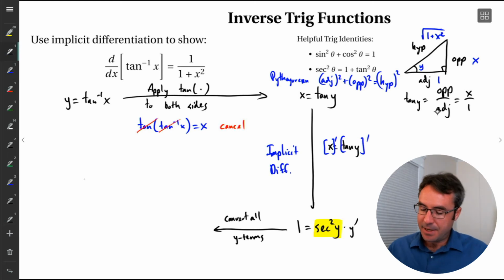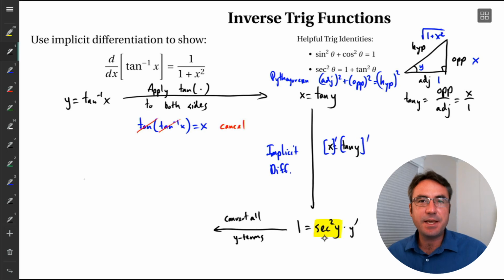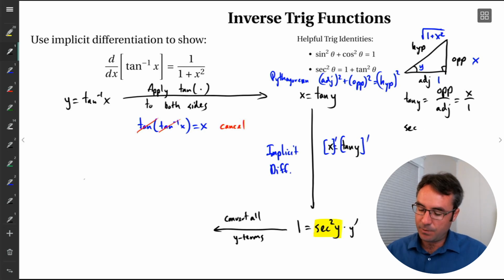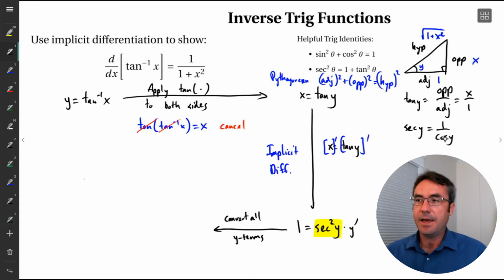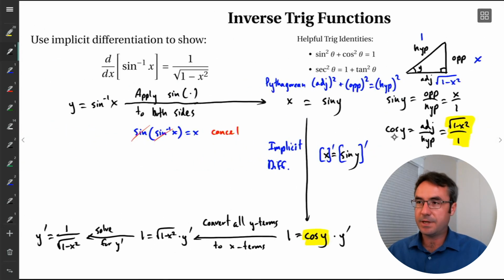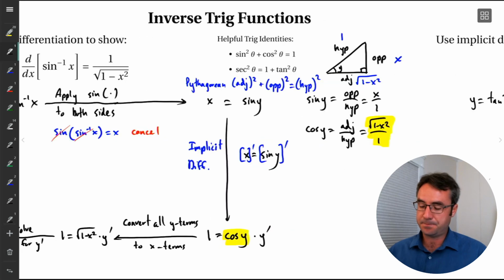Once we have that, then we're interested in knowing what secant y is. Secant is 1 over cosine, the reciprocal of cosine. We looked at cosine of y before, in the last example, and we said it was the adjacent side over the hypotenuse.